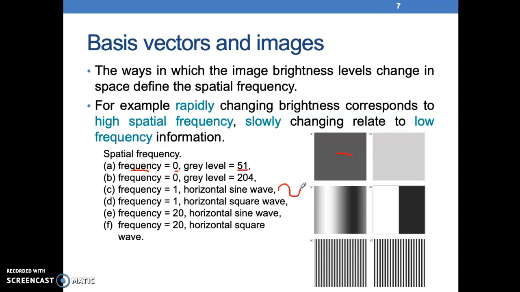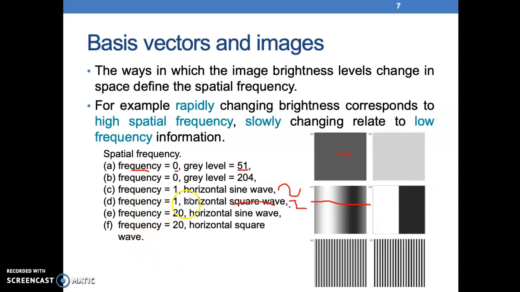That's why your image is a grayscale image with changes from bright to darker. But D is a horizontal square wave, which means you only have white and black, so there are only two colors here.